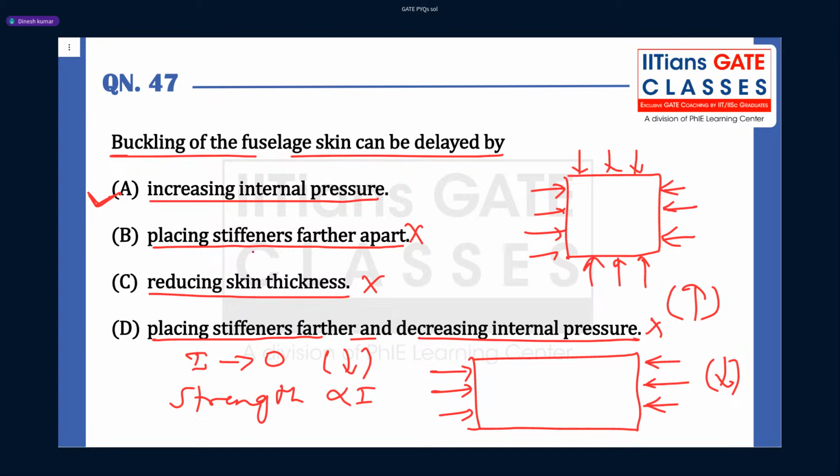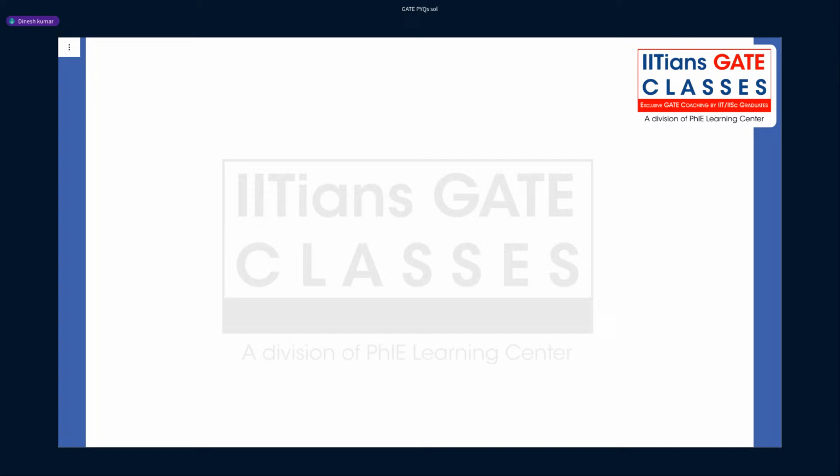By putting more stiffeners, so the panel length will be decreased. Then increasing internal pressure. Of course, increasing internal pressure will require increasing the thickness, so there will be a weight penalty. Now by increasing thickness also, buckling strength can be increased. So the correct answer in this case is A.